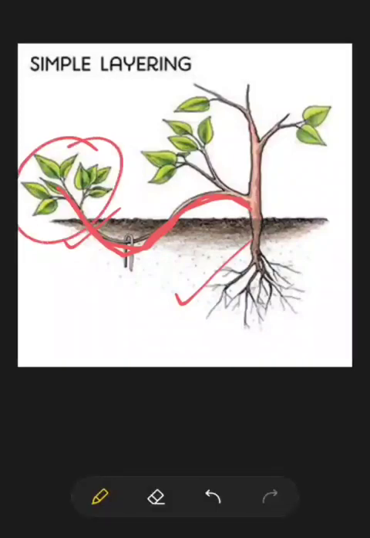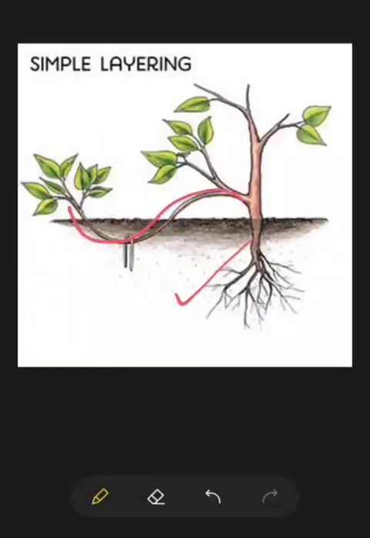In certain plants like strawberry, this slender, short, thin branch arising from the base of the stem grows and bends to touch the soil. It then develops roots and buds at the point of contact.